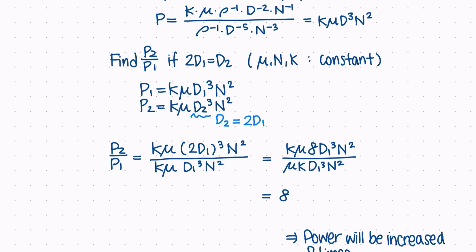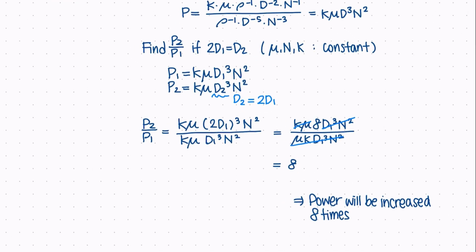Since they are all constant, they can be cancelled out, leaving 8. So we can conclude that the answer for the second part of the problem is that power will be increased 8 times.